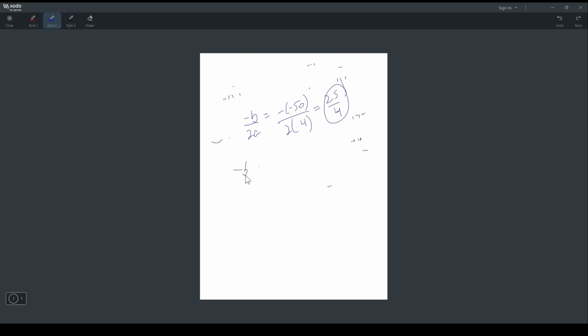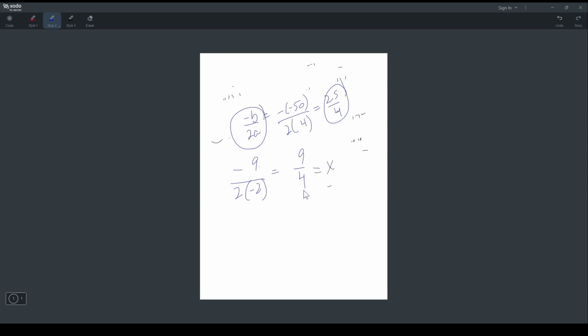Negative b over 2a, negative 9 over 2 times negative 2, positive 9 over 4. Did I do that correctly? That is my x.